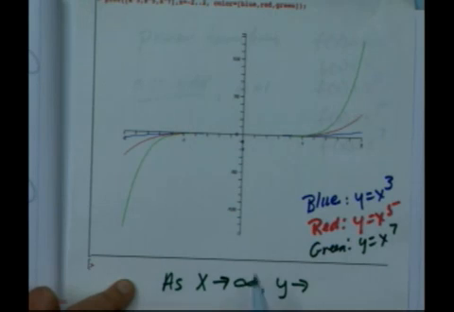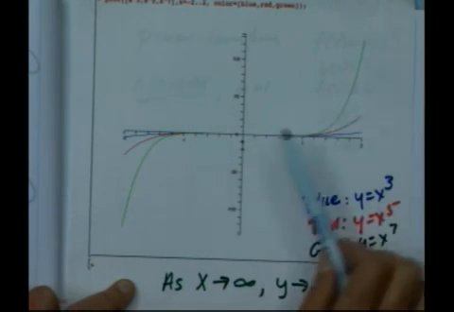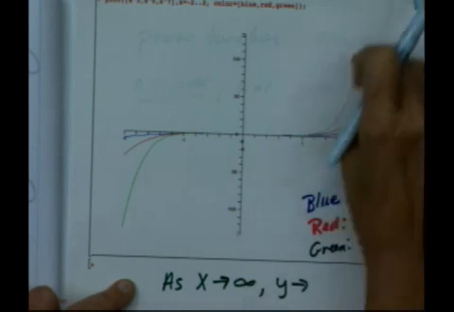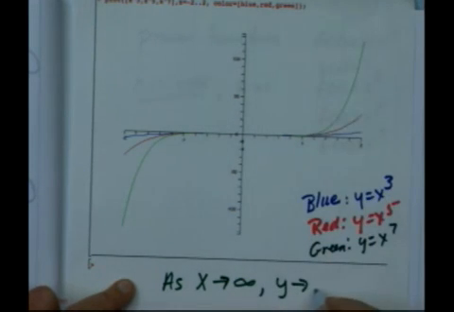You can just look right here using any of these curves. As you put a big value in for x, like 100, 1,000, 10,000, what's happening to the y values? They're going to go up. They're getting bigger and bigger too, right? So we would say y approaches. This little arrow right here means approaches.